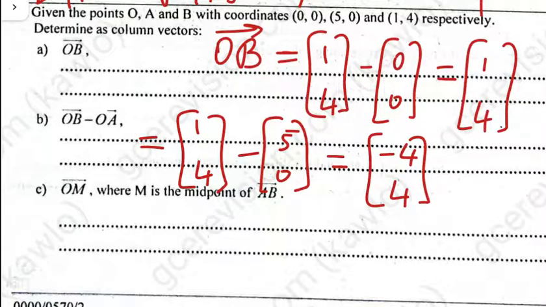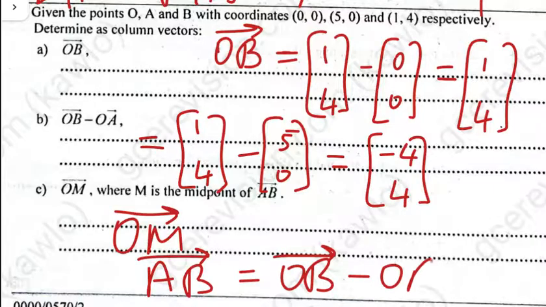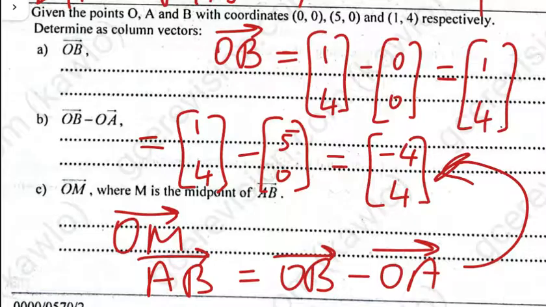Now they're asking us to look for OM, where M is the midpoint of AB. Note that AB is equal to OB minus OA, and we already have the value here, because they have asked us to look for OB minus OA, and OB minus OA is the vector AB.